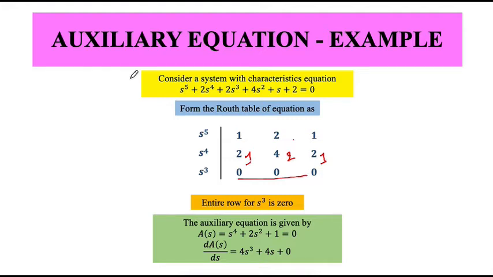polynomial, that is s to the power 4 plus 2s^2 plus 1 equals 0, and it will be the same even if you write 2s^4 plus 4s^2 plus 2, the things will be the same. Then I differentiate it with respect to s, which gives me 4s^3 plus 4s plus 0.